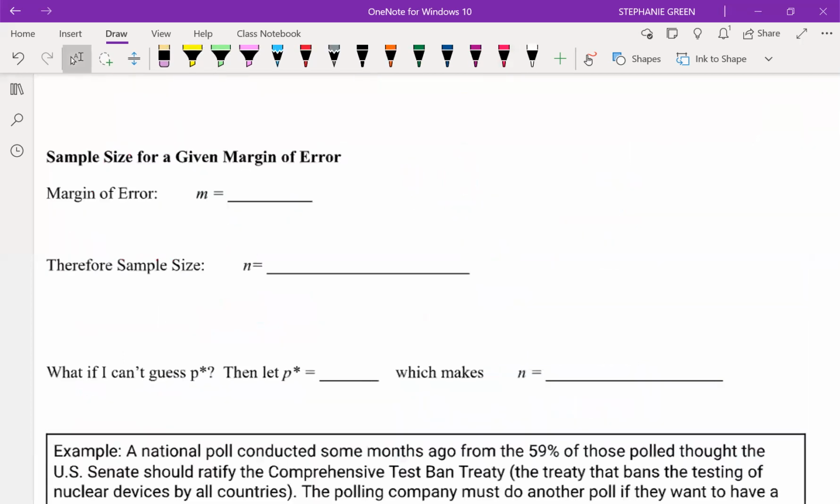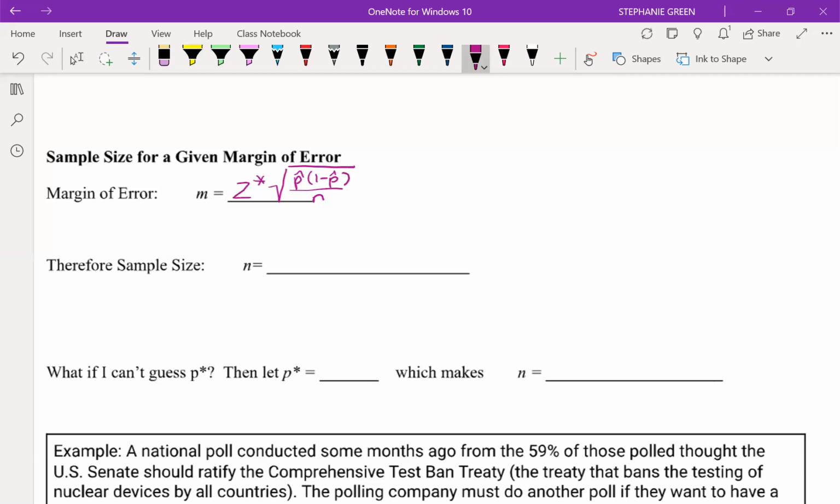All right, the next thing they talk about in APEX is finding the sample size when we're given a margin of error. So the margin of error from the equation for our confidence interval above, we said is z star times the standard error, which is the square root of p hat times 1 minus p hat all over n.